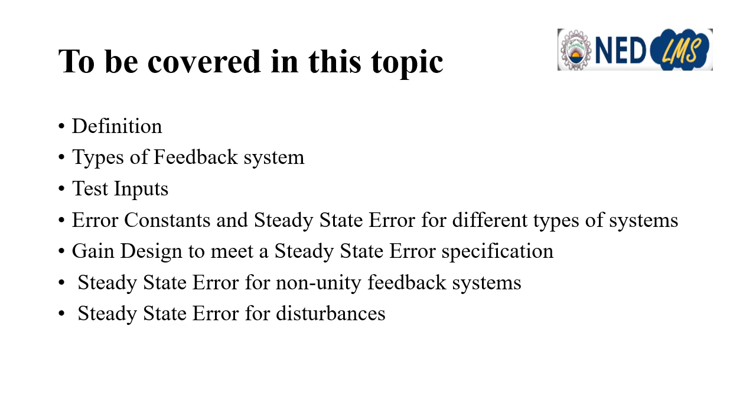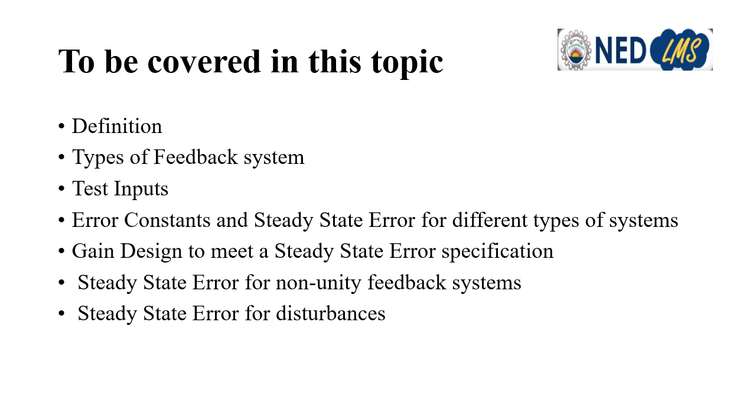Then we will study the gain design: if we have a particular steady state error specification, how can we find the value of the gain. And then we will study the steady state error for non-unity feedback systems. We define initially the error constant and steady state error for different types of systems for a unity feedback system, and later on we will discuss steady state error for non-unity feedback systems.